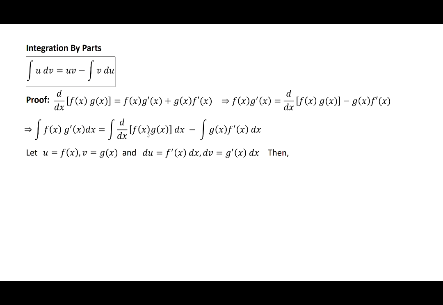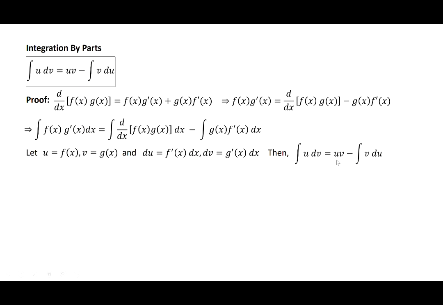So when you take the integral of a derivative of a function, you get the function itself. So basically, the first integral that you see here on the right hand side is actually f of x times g of x. And f of x times g of x is nothing but uv. And that's why we get integral u dv equals uv minus integral v du.